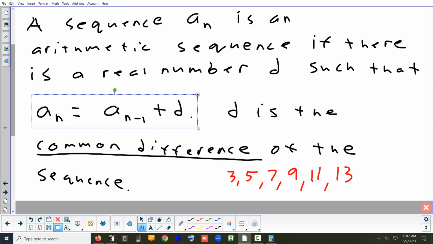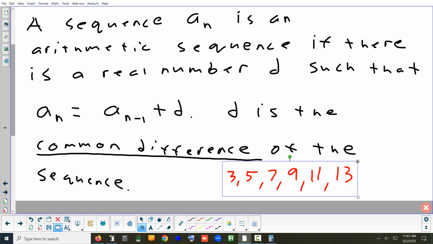The idea of a common difference is you take a term, subtract the one that came before it, and see what you get. If you get the same thing every time, then you have an arithmetic sequence. So 13 minus 11 gives me how much? 2. 11 minus 9? 2. They're all going to come out to 2. So this sequence has a common difference of 2.